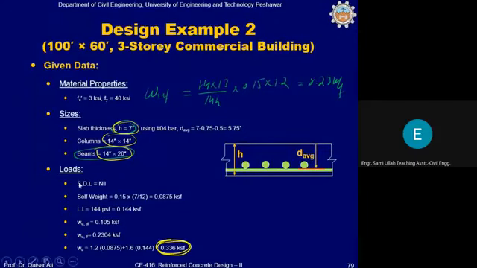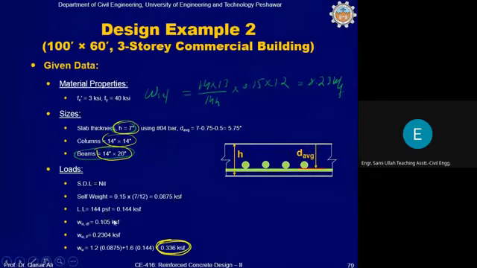Coming to the load, superimposed dead load is 0. There is no superimposed dead load. Self weight is thickness of slab multiplied by unit weight, 0.0875 ksf. Live load is 144 psf.